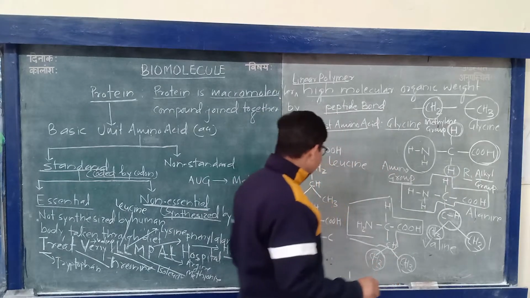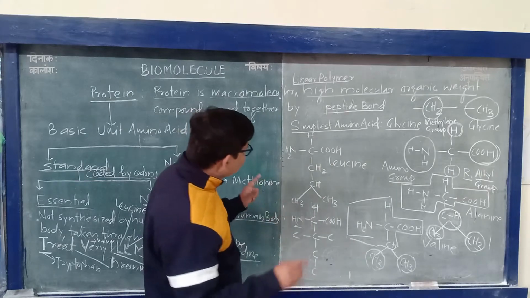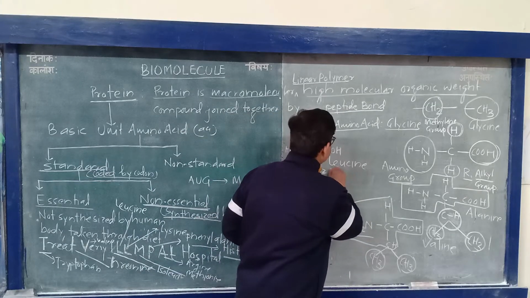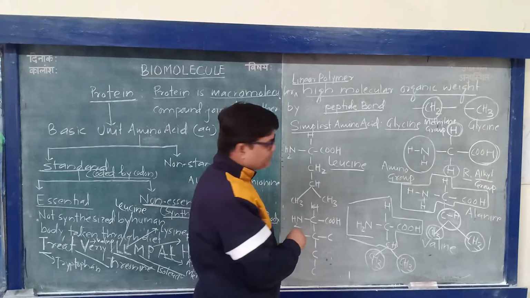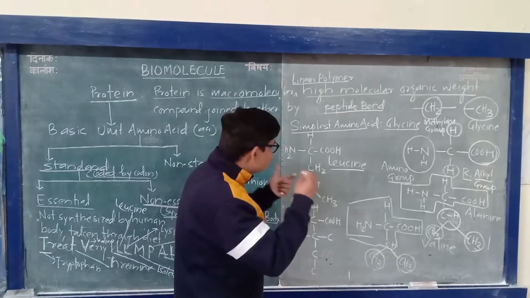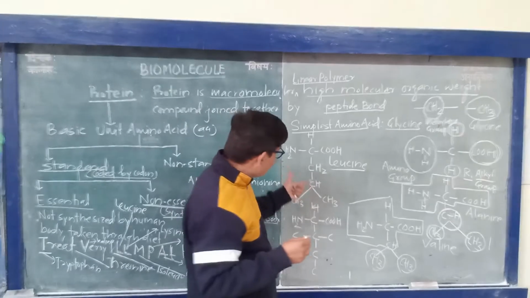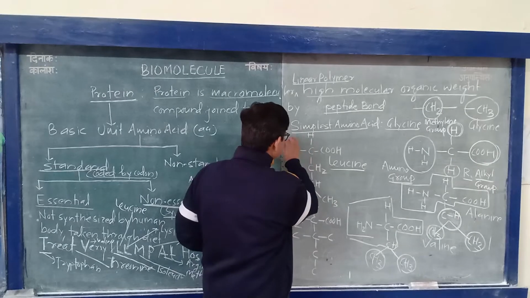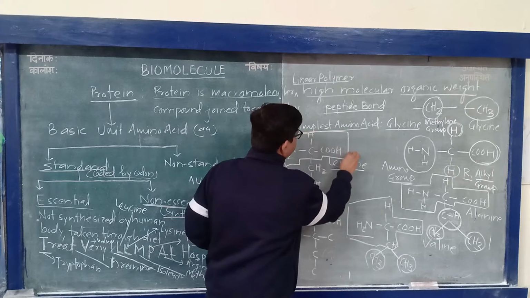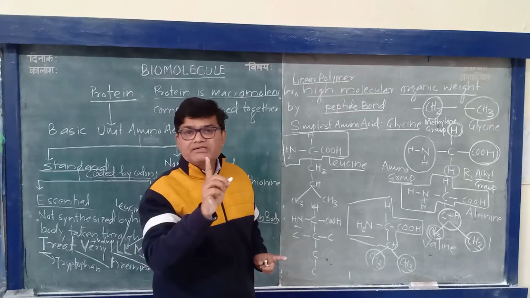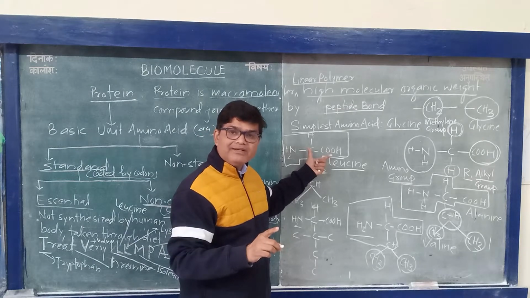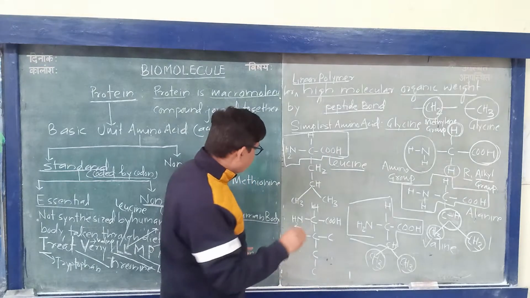Next, you can also observe that if you derive lysine, then you have to do a slight change. What change? You can compare. Just see this structure, it is common in all amino acid structures. That is the head of the amino acid chemical structure.